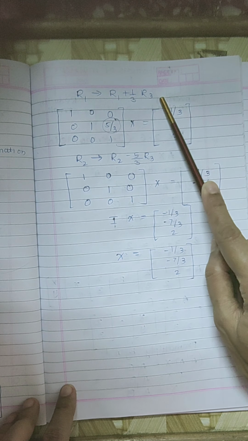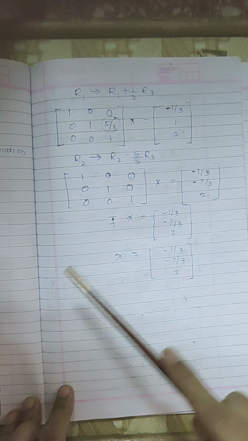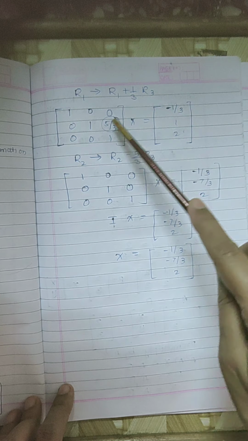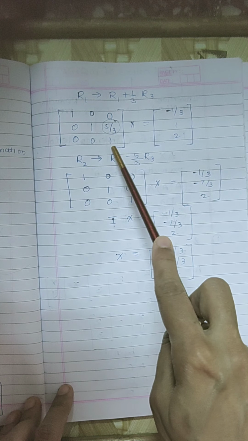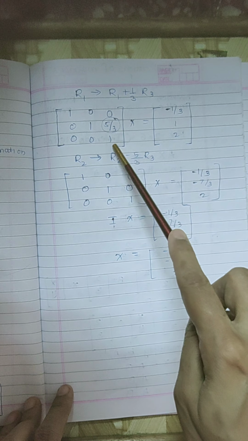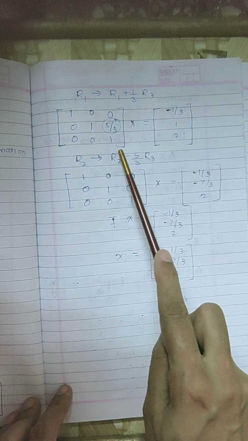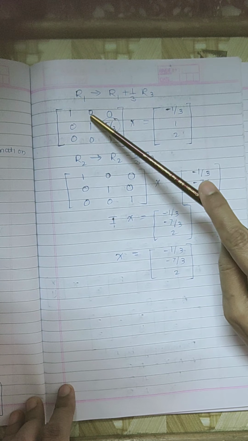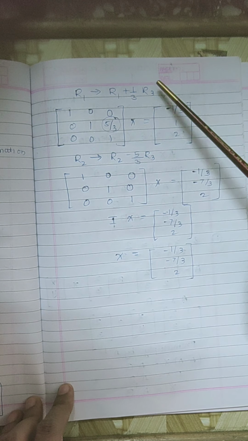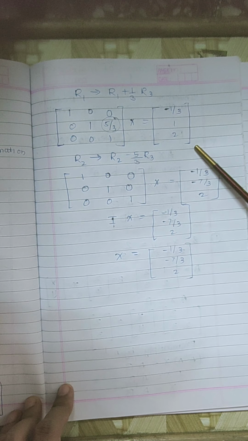In R3 here 1 is there, if you multiply, here minus 1 upon 3 is there, here it becomes 1 upon 3, so minus 1 upon 3 and plus 1 upon 3 will become 0. So write R2 and R3 as it is, and this and this will remain the same, and R1 plus 1 upon 3 R3, this will become 0. Here also the same transformation you have to do.